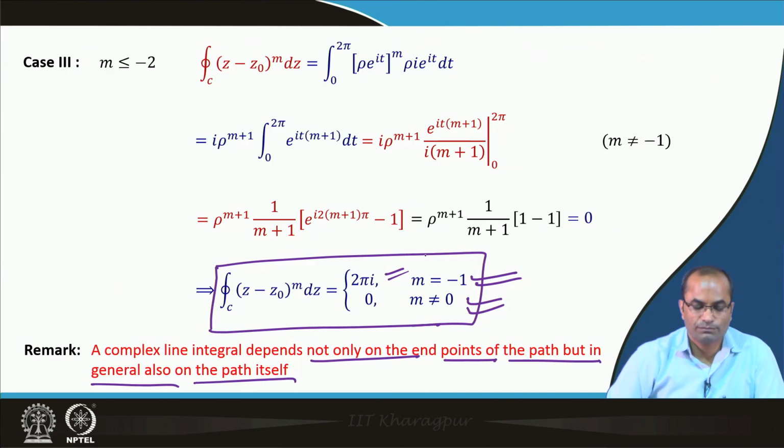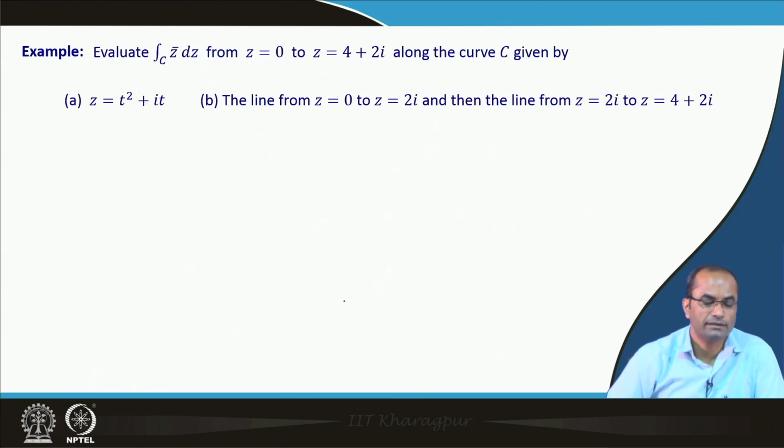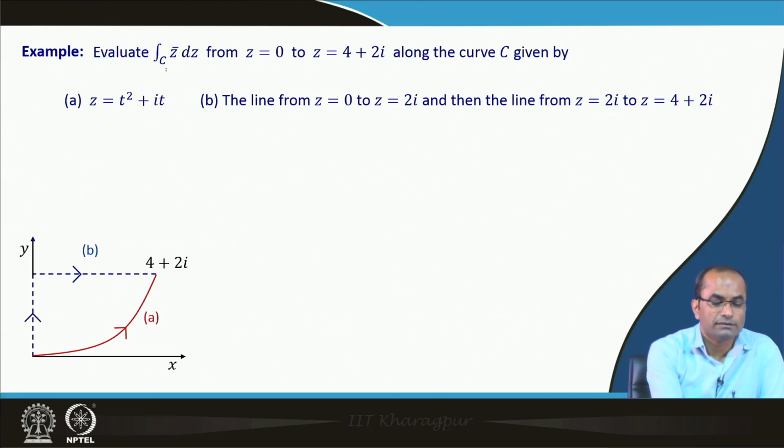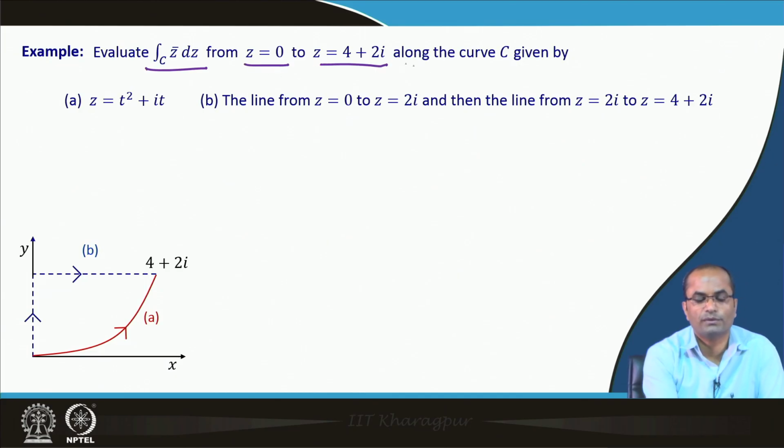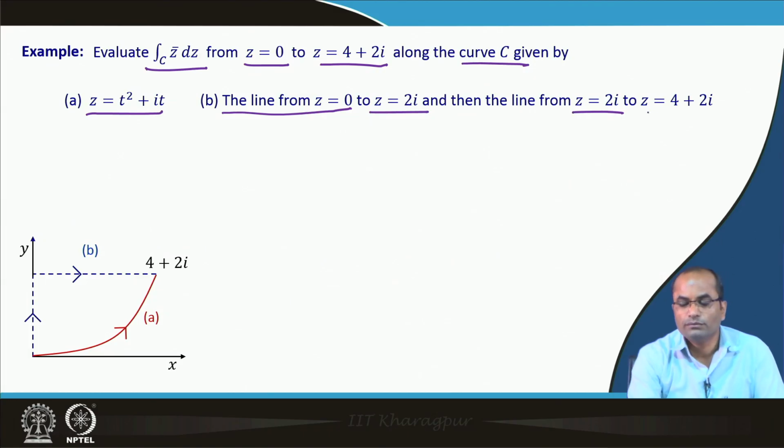So, it does not just depend on the end points, but it also depends on the path as well, which we will observe again in the next example, that this evaluation of z conjugate is done from z equal to 0 to 4 plus 2 I along the curve C, which is given by this parabolic curve z is equal to t square plus I t, and in the second case we will take z equal to 0 to z equal to 2 I, and then from 2 I to 4 plus 2 I.